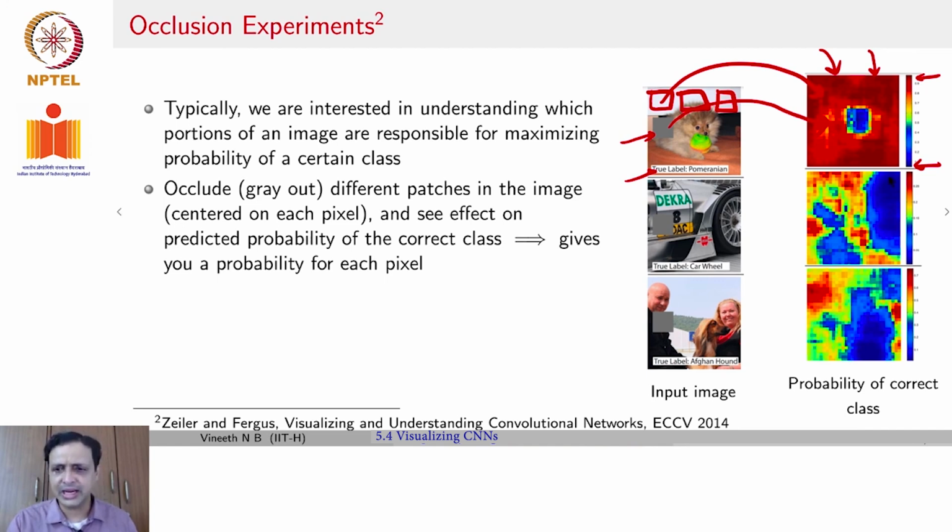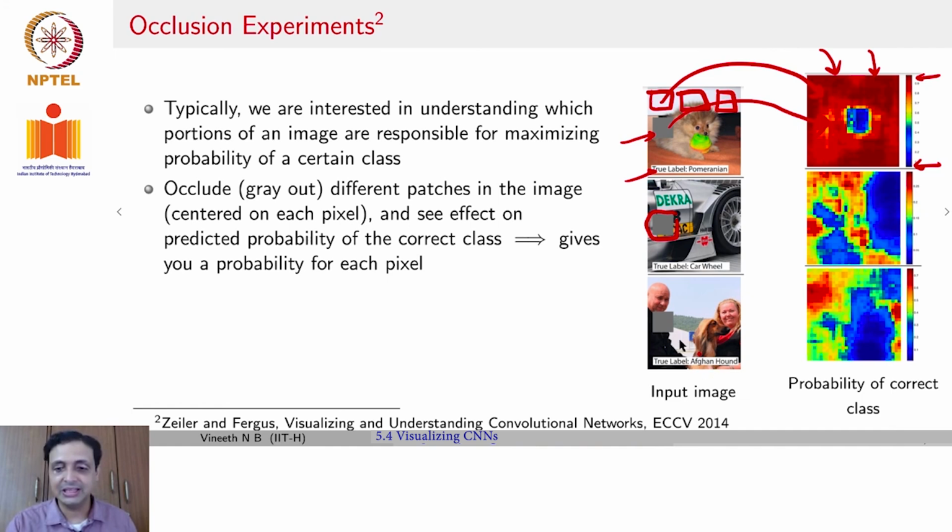Similarly, in the second image, the true label is car wheel, and as you keep using this gray patch all over the image, the probability drops to its lowest when the wheel is actually covered. The third image, more challenging, has two humans and a dog in between them, which is an Afghan hound, the true label.